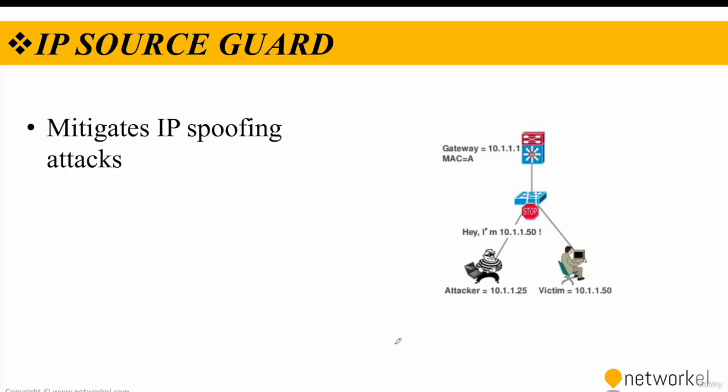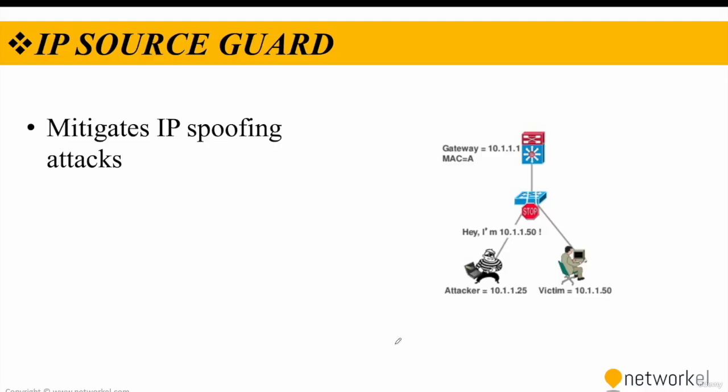That is a feature used on switches to prevent IP address spoofing by ensuring that only valid IP to MAC address bindings can communicate on a switch port. This is commonly used in environments where devices need to be prevented from using IP addresses other than those assigned by the DHCP server or configured statically.